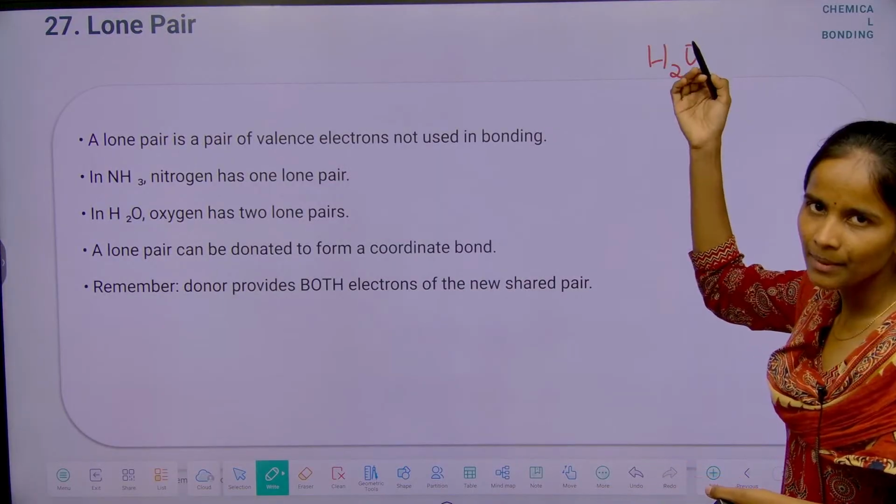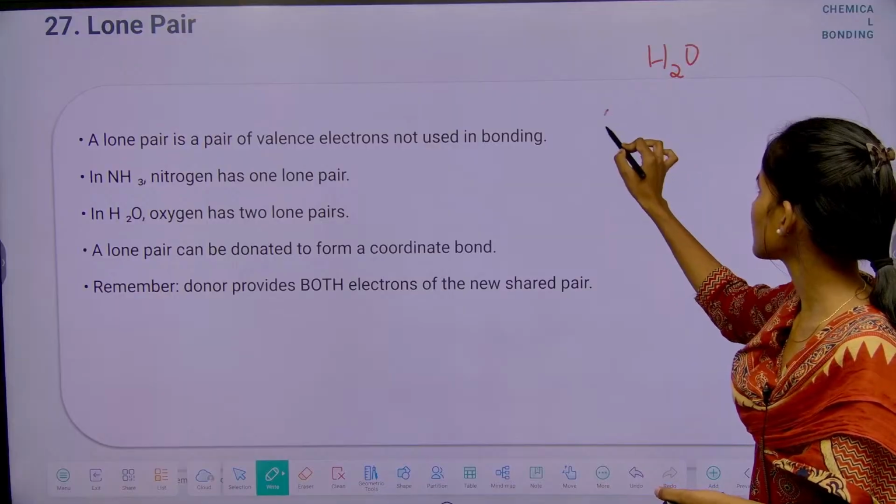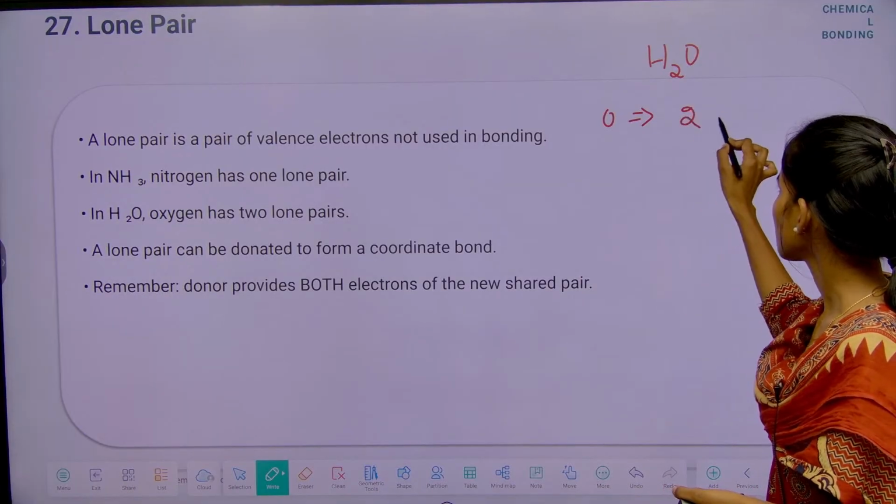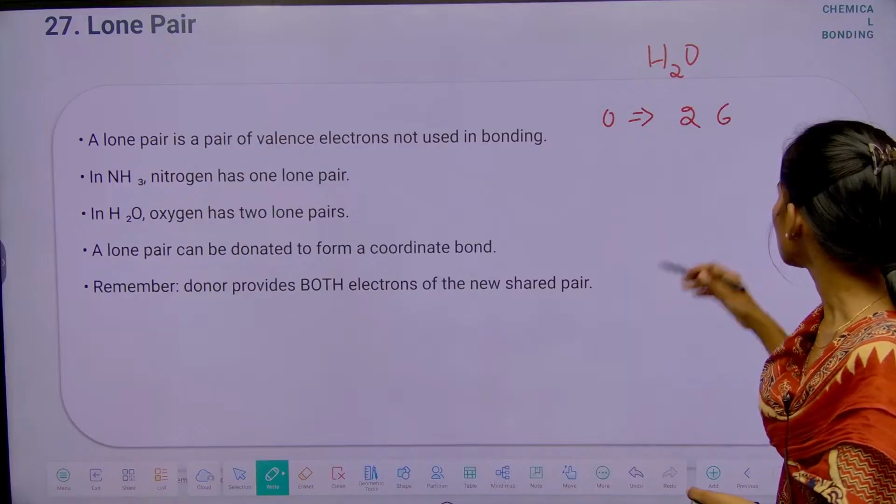What is the atomic number of oxygen? 8. So its configuration is 2, 6, right? Total 8 electrons.